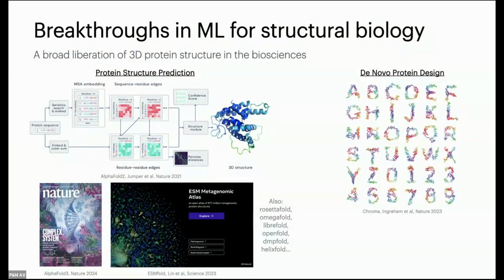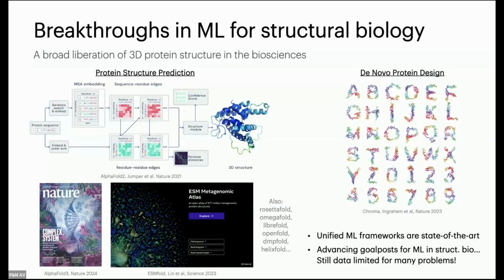There's been what I like to think of as the broad liberation of 3D protein structure across all of the biosciences. And I think there are many exciting things about what we can do now, both with structure prediction and in complementary methods in de novo protein design. These days it's quite common that these unified sequence-structure generative models are state of the art for all these problems in both structure prediction and design.